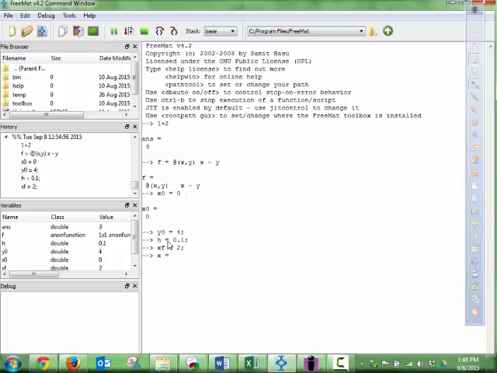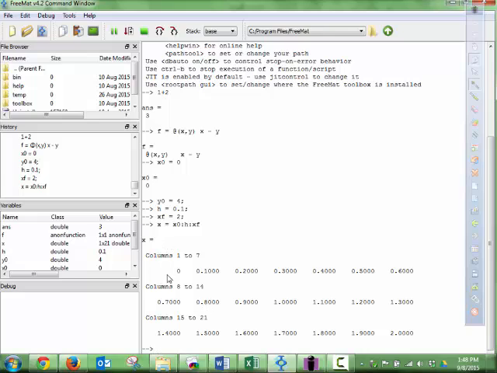So x is equal to, if I go from x naught with a step of h to x final, I'm going to get a long vector that looks like this: 0, 0.1, 0.2, 0.3, 0.5, etc. Okay?